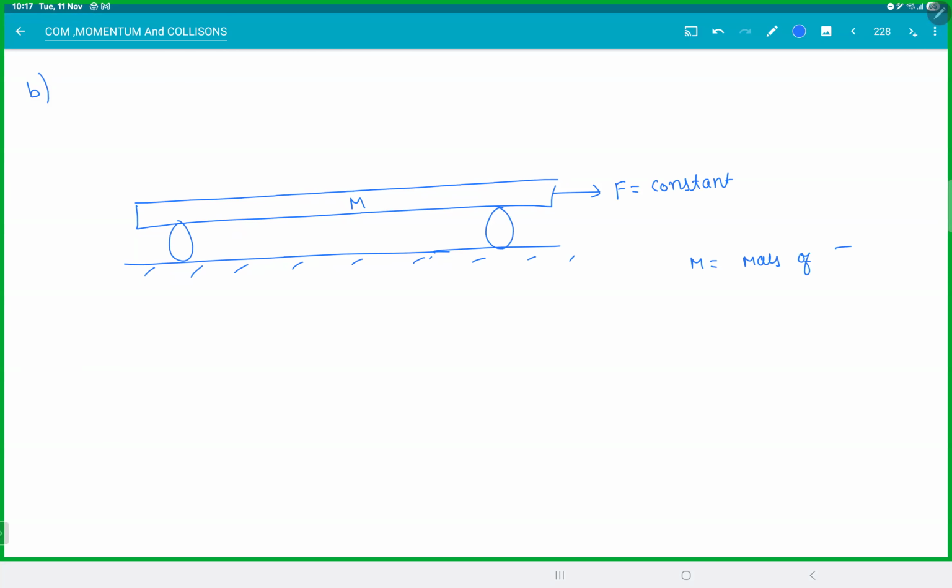Somewhere here we have a container which is filled with sand. This sand starts falling on the trolley and sticks. So sand is falling onto the trolley at a rate of lambda kgs per second, almost zero speed, it just gently falls and sticks. Find the velocity of the trolley starting from rest.